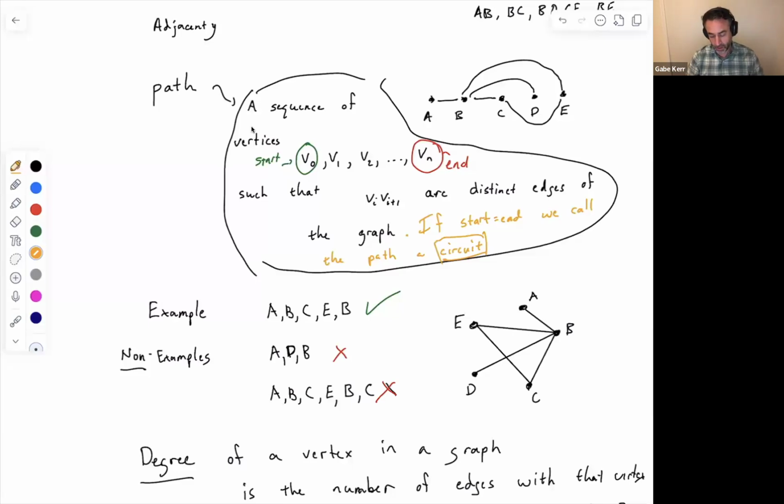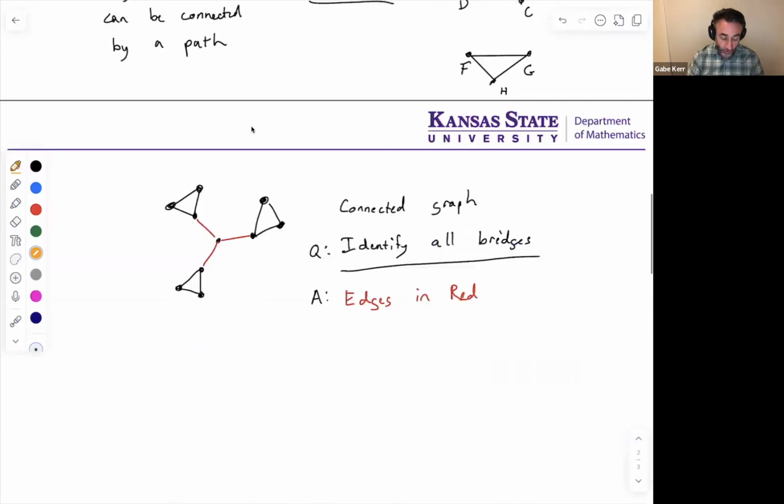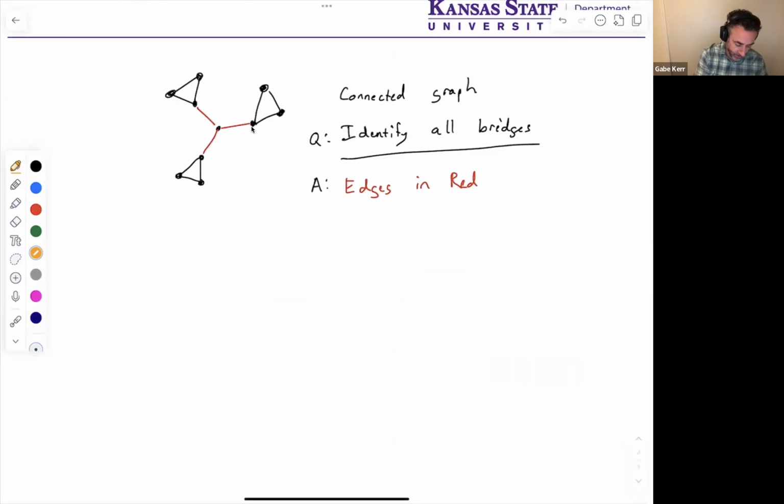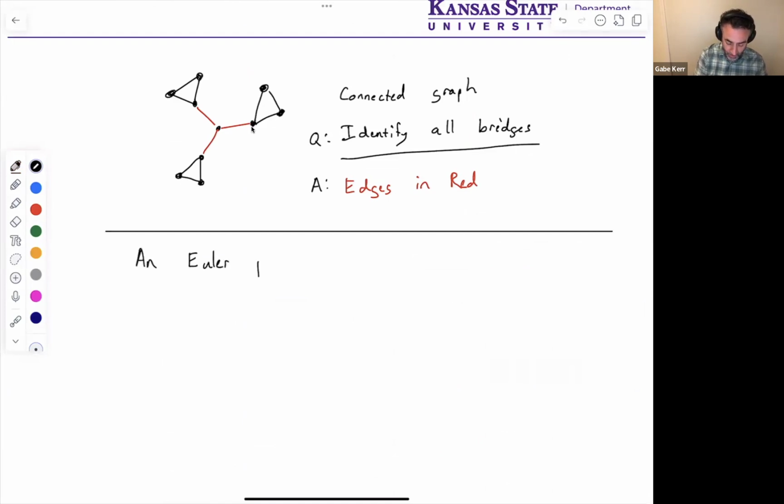Great. And so now what is an Euler path or an Euler circuit? An Euler path is a path whose edges are all of the edges of the graph.